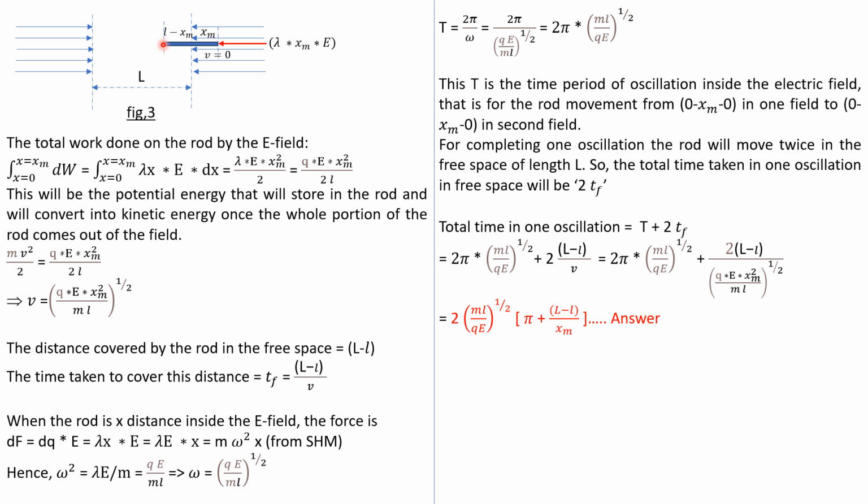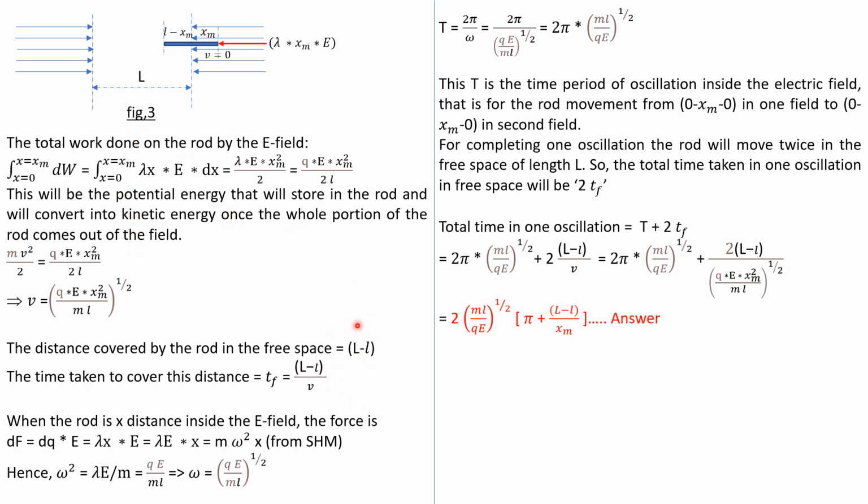If you notice, the rod length is small l and the total free space length is capital L. So how much will the rod move in the free space? That will be capital L minus small l.